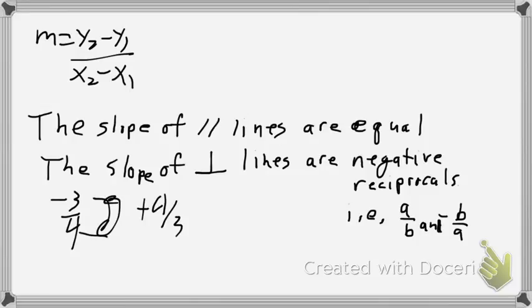So all of that has to do with this: if I give you an equation such as, let's say, y equals 3x minus 7, and I want the equation of the line that's perpendicular and goes through the point (1, 6).